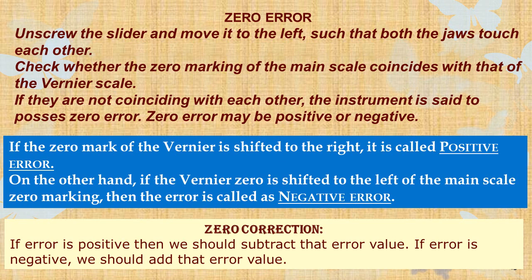If there is an error, we have to correct it. If the error is positive, then we should subtract the error value. If the error is negative, then we should add the error value. This is the zero correction method.